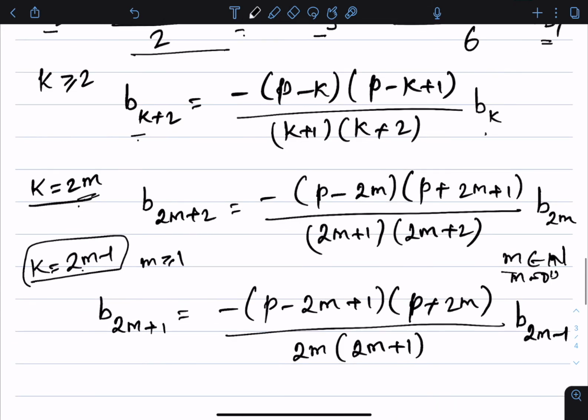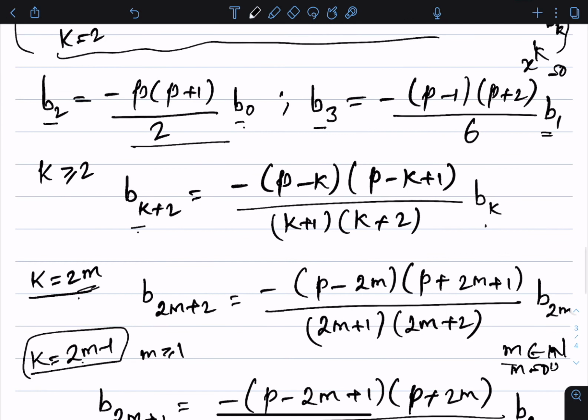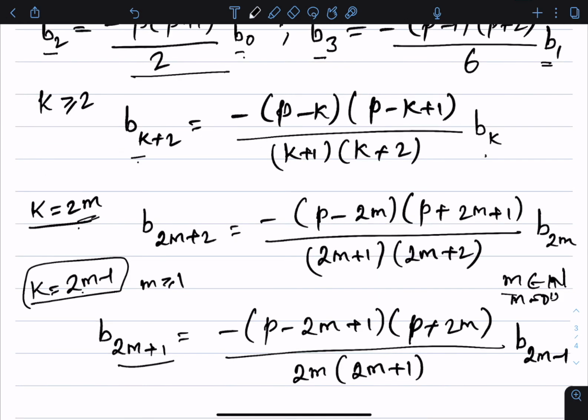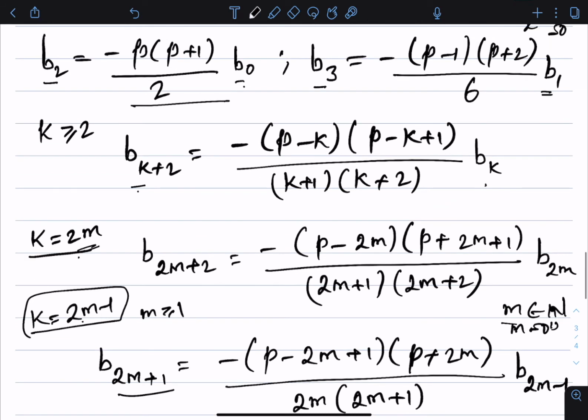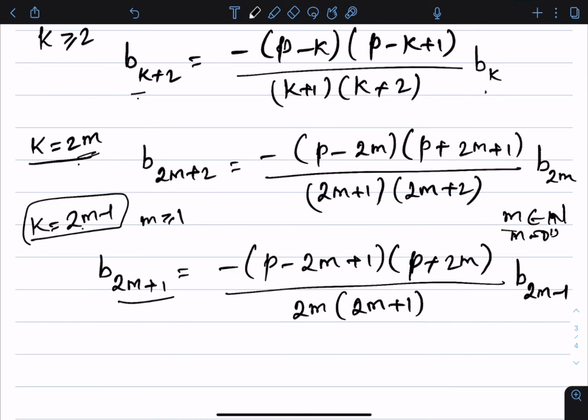This is true for m equal to 1, because if I put m equal to 1, then this is b5, and that's valid here. So these relations are already included here, so this is valid for all m.